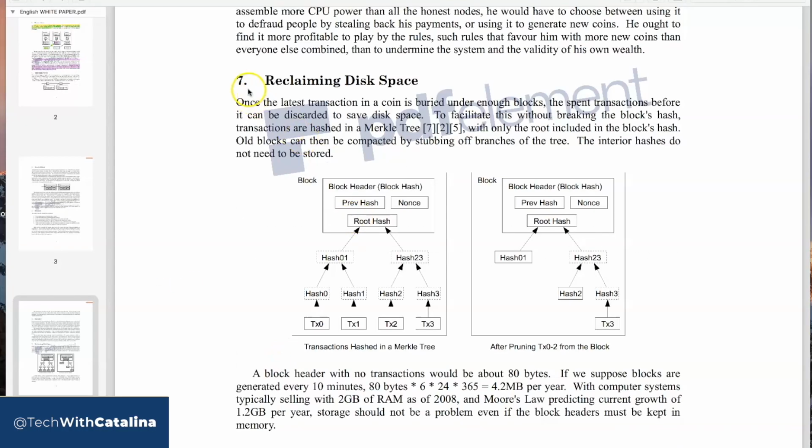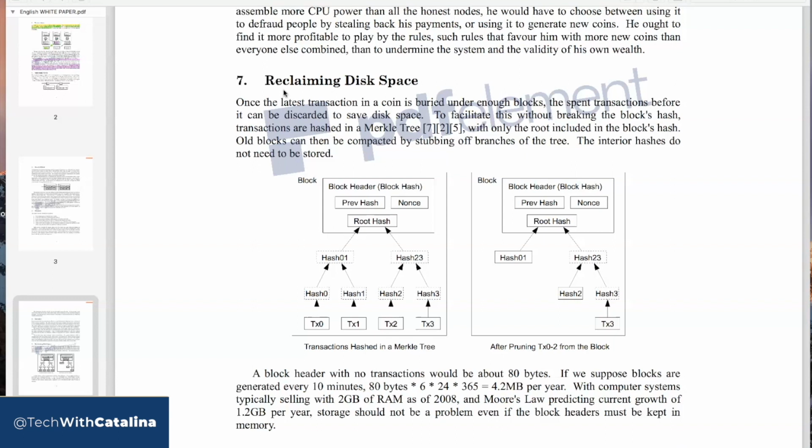Point number 7 of the Satoshi white paper: reclaiming disk space. This is another concept that I want you to understand, and it has to do with the immutability of the system, and why, whenever we have a transaction in a block that has been mined, that information cannot be modified or changed.